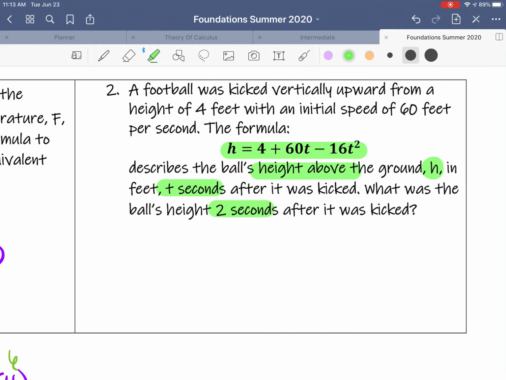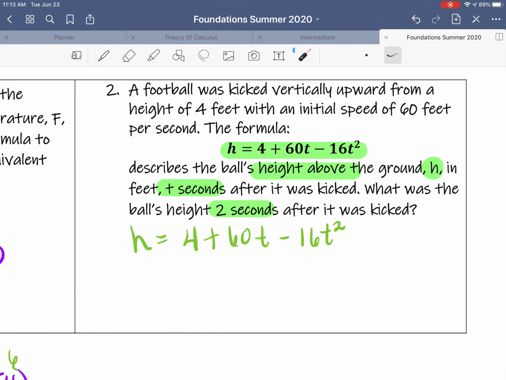Okay, so they're telling us very important information. We have this formula that we will need. And it says h represents height and t represents seconds.